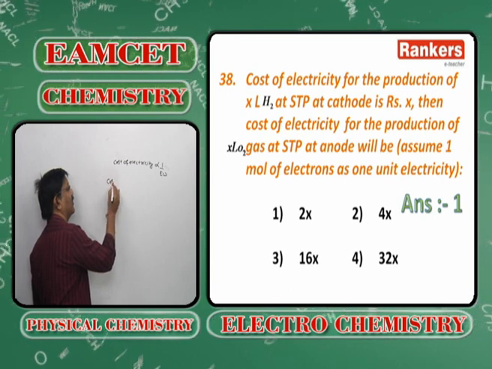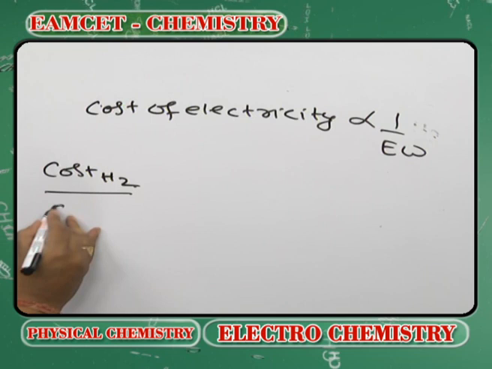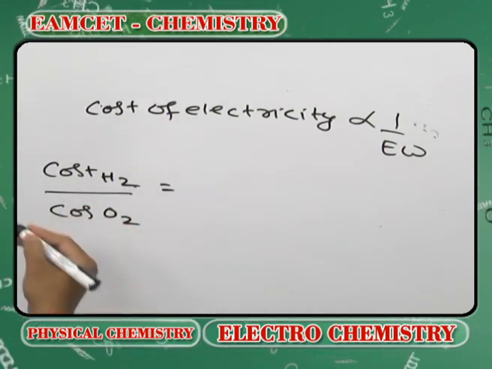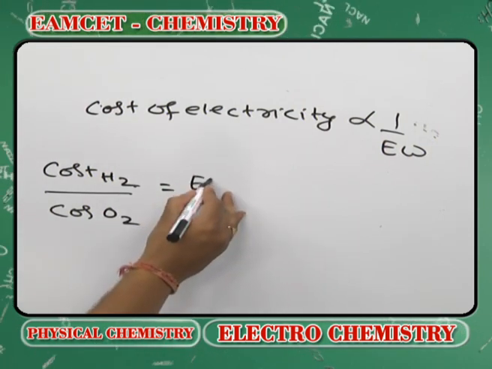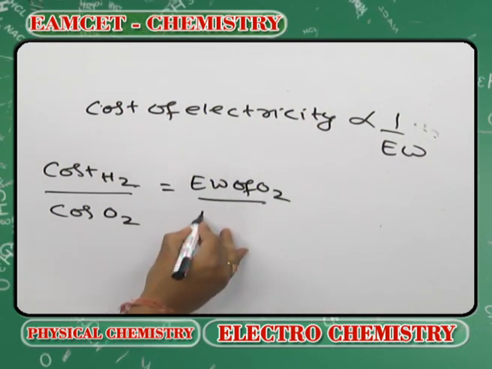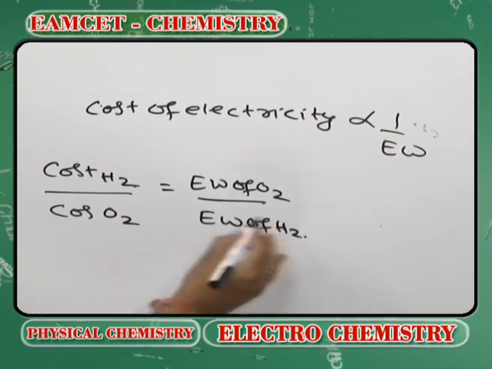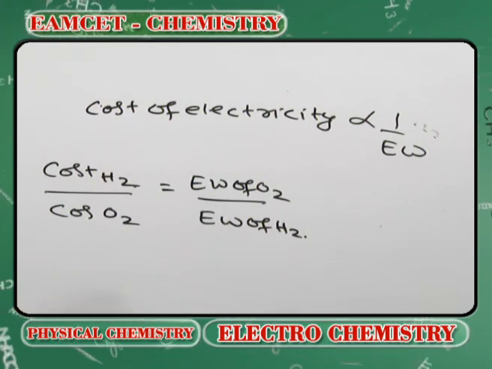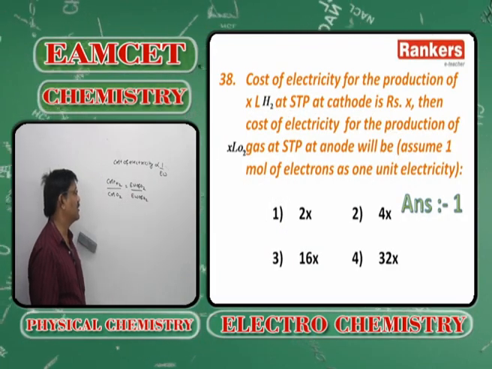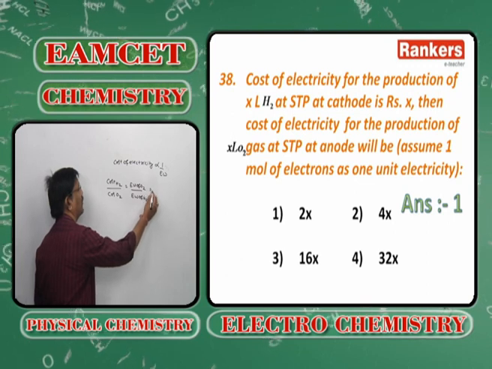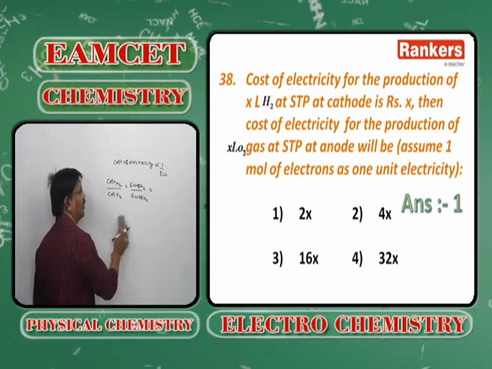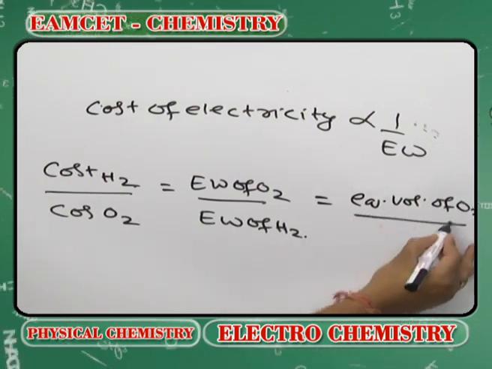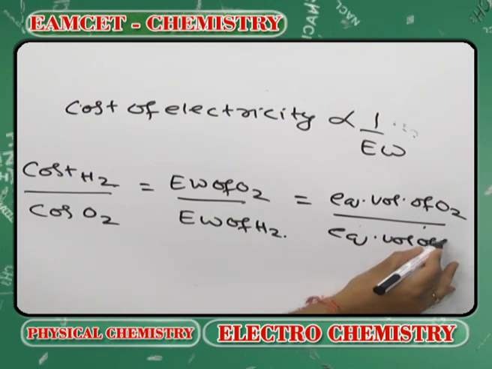Cost for hydrogen by cost for oxygen is inversely proportional to the equivalent weight of oxygen by equivalent weight of hydrogen, or, since volume is given, equivalent volume of the oxygen by equivalent volume of the hydrogen.